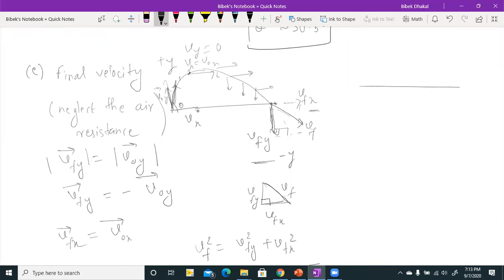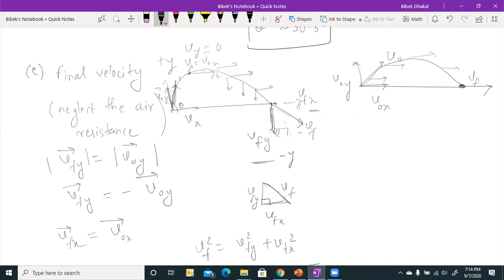So if you have a projectile like this, you have a launch velocity v0, so you have v0x and v0y at the beginning. So you have some finite y component, and the x component. And the thing to keep in mind is your x component is always the same. It won't change. The x component will be the same here, same here, same here, no matter wherever you are in the projectile motion. So at the point when it hits the ground, the x component is the same.